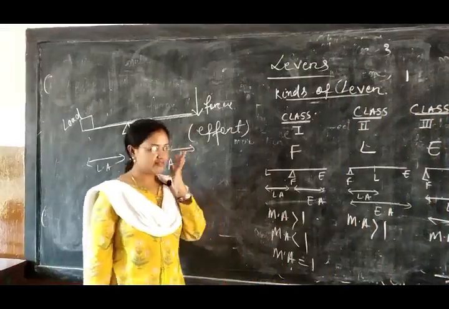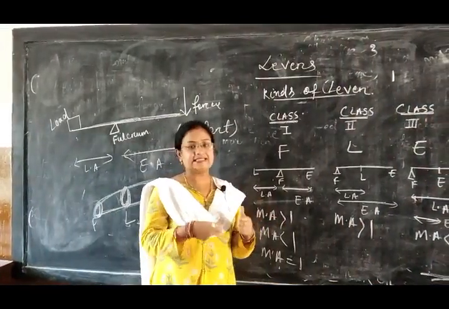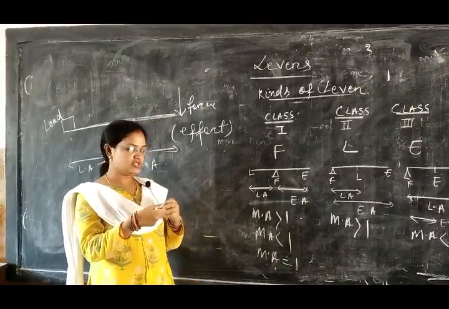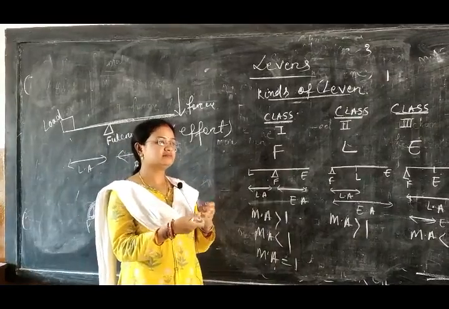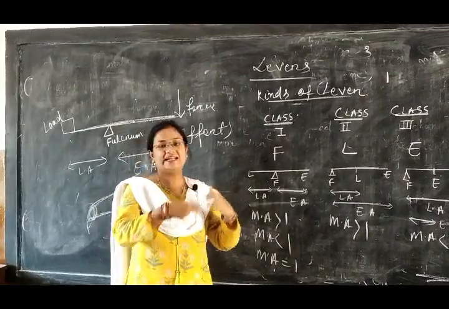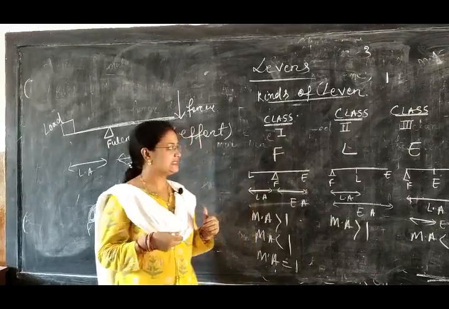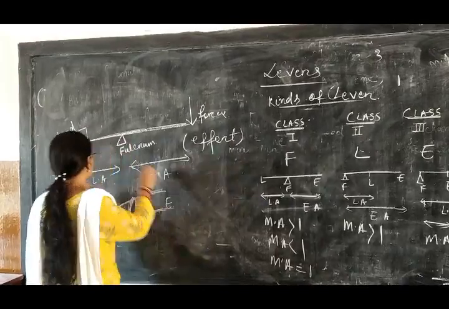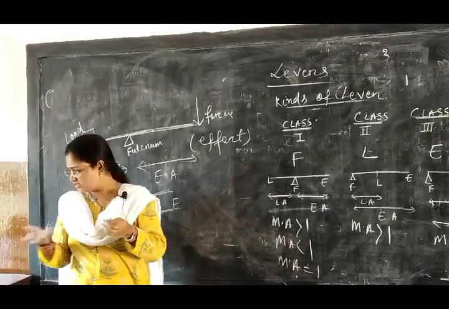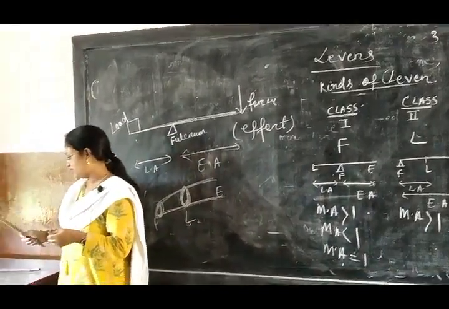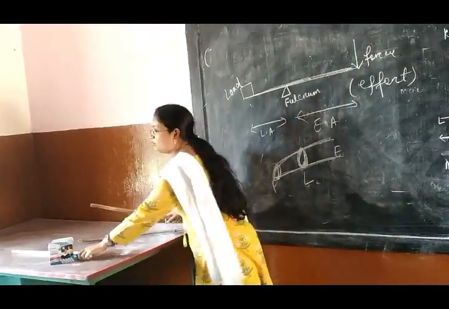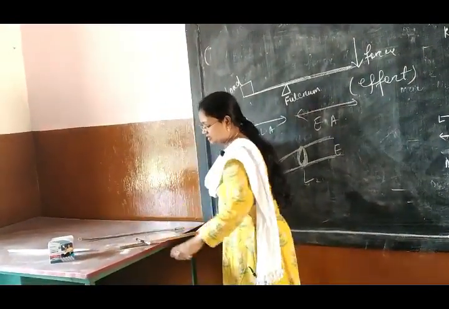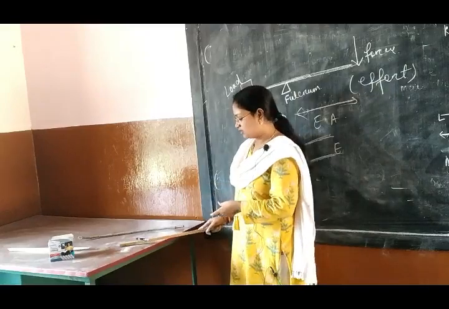So see, a lever is what? A rigid bar which is free to rotate about one particular axis, having one point of axis of rotation. Suppose this is any type of rod. I have already given this example. Suppose I want to lift this load in this direction.